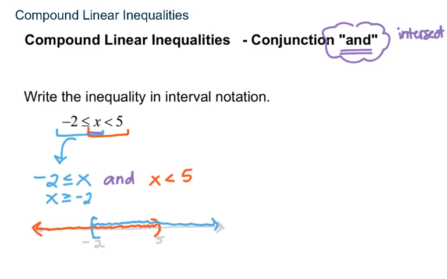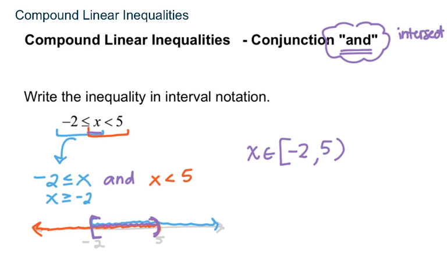So we look at where the red and the blue occur simultaneously. And that is between -2 included and 5 not included. So my solution set here is that x is between -2 with a square bracket and 5 with a parenthesis.